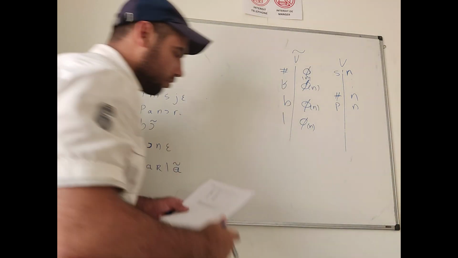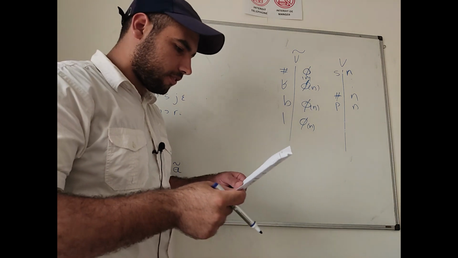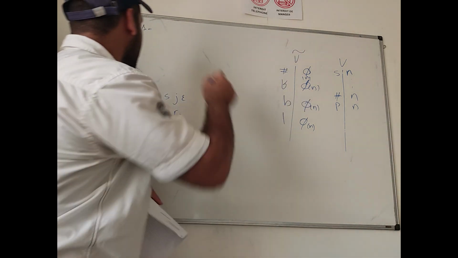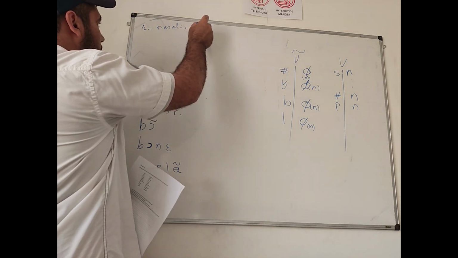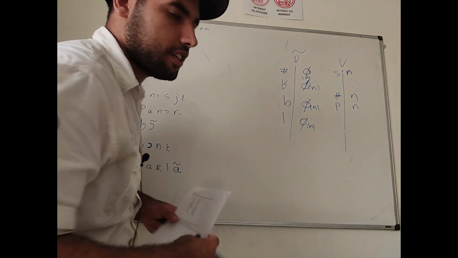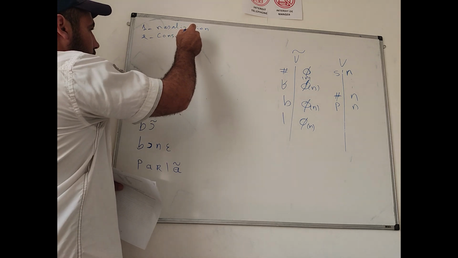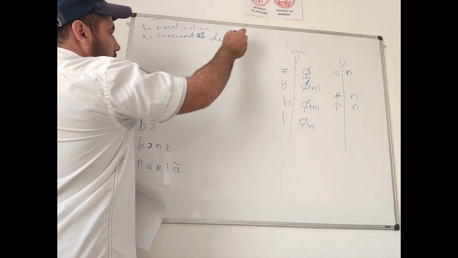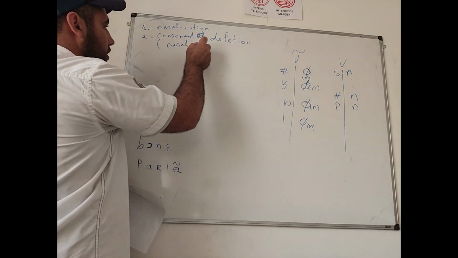Okay. So the rule number 1, we said it would be what? It would be nasalization, since we have the diacritic. So the first rule is nasalization. The second rule should be what? Nasal deletion, or consonant deletion.